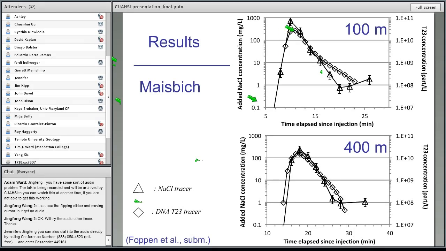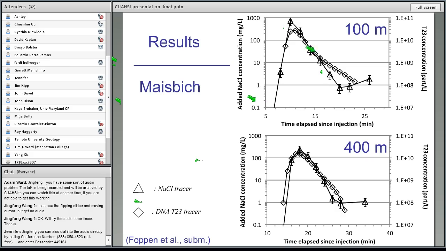What you see here is that when you compare chloride and DNA, the time of first arrival, which is actually the offset from the y-axis, is more or less identical.